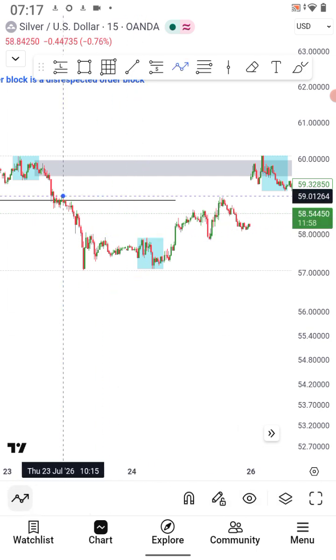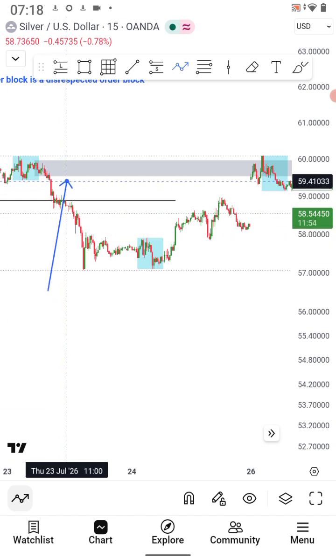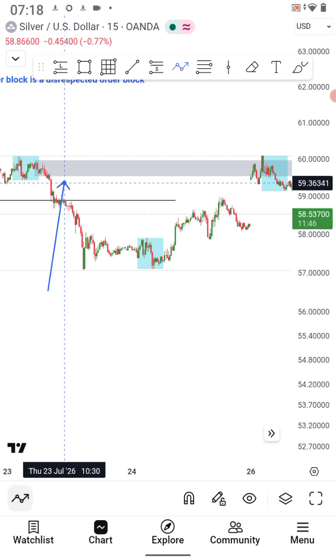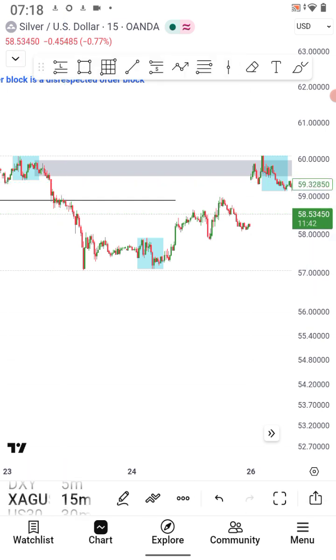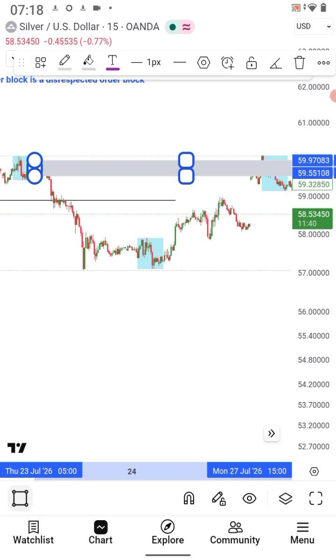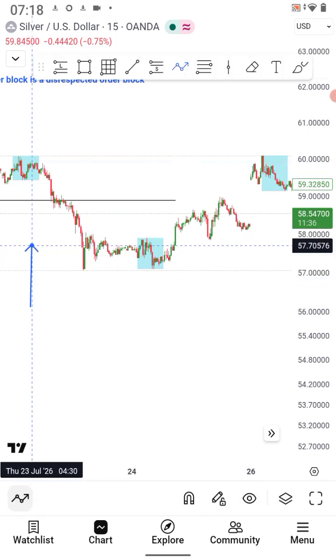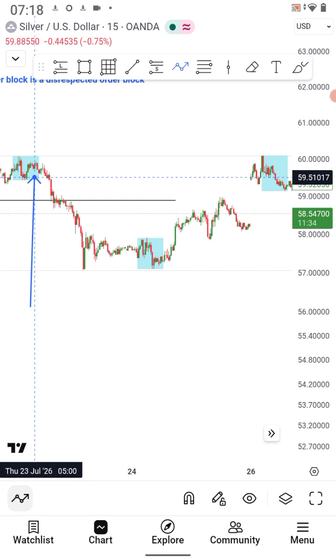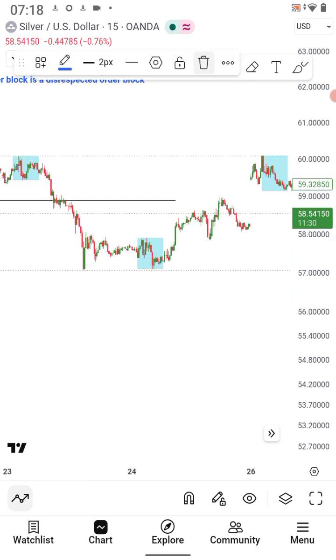You know that this is where I marked where I want price to come to for me to take my trade. On the 15 minutes time frame, I can now refine it to something I feel should be the order block. Just as I told you the other time, I still chose this one. Yes, this is what I still choose as my order block.